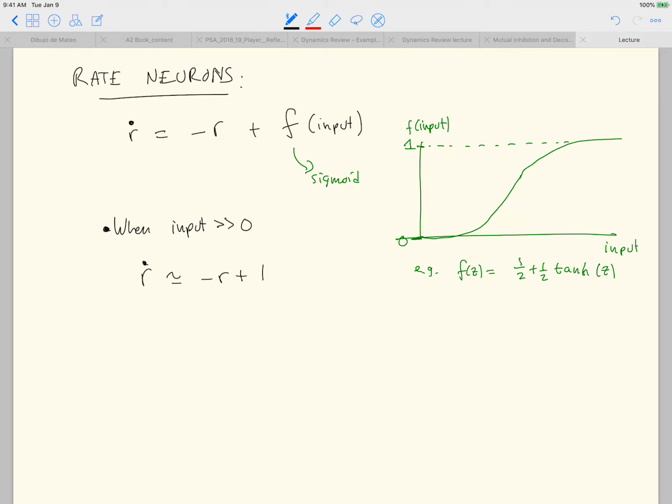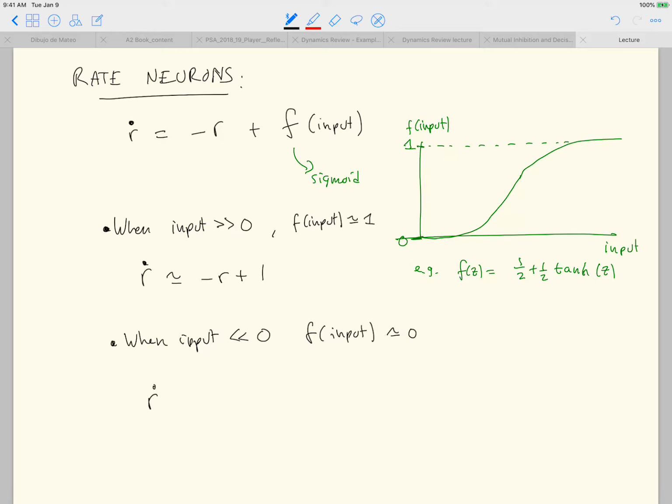Whereas when the input is very negative, now f of the input is approximately 0, because now we're over here in this regime.